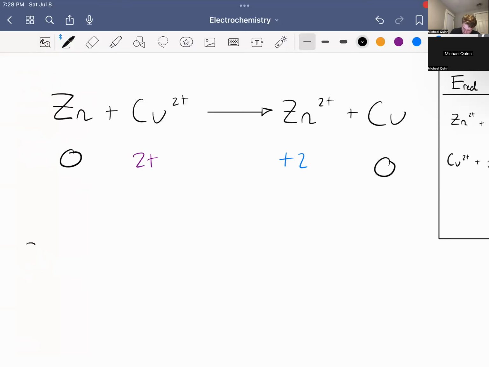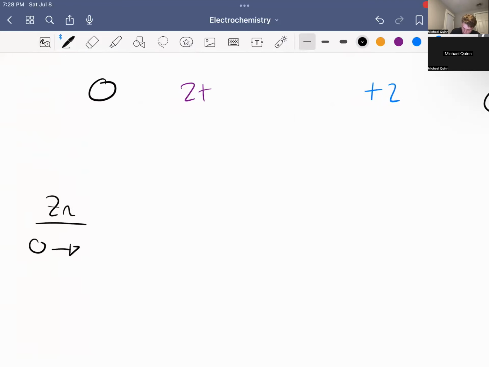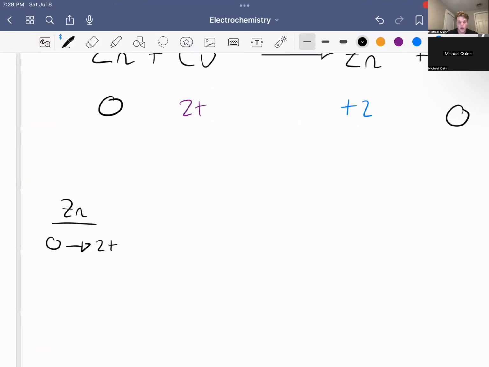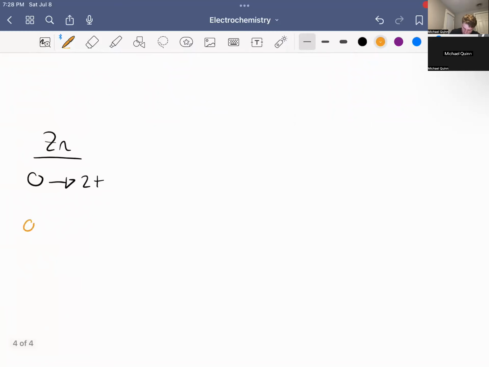So zinc started with an oxidation state of 0 and finished with an oxidation state of 2 plus. That means it was oxidized because it lost 2 electrons.